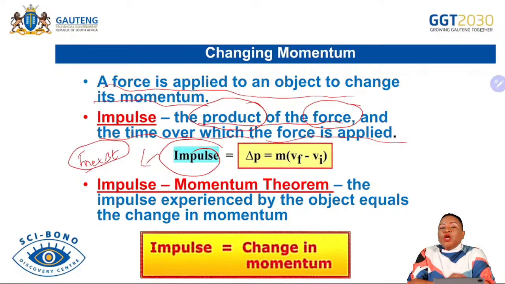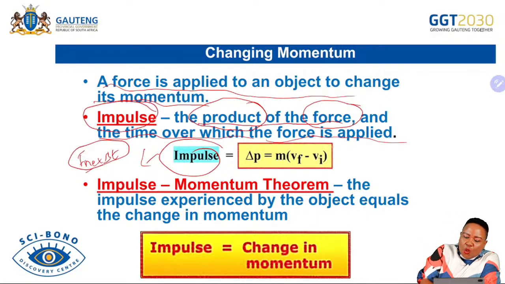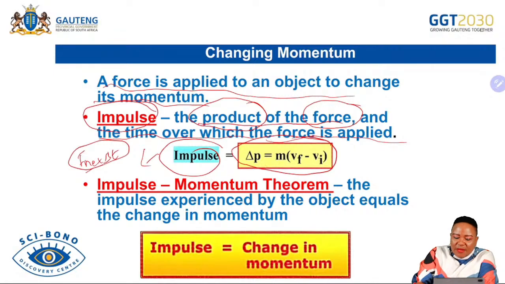I think already you know the formula of impulse, and I provided the definition of impulse. So we are saying this impulse, which is the product of the net force and the time over which the force is applied, is equal to the change in momentum. Remember, momentum is equal to mv. Therefore, the change in momentum is going to be the final momentum subtract the initial momentum.